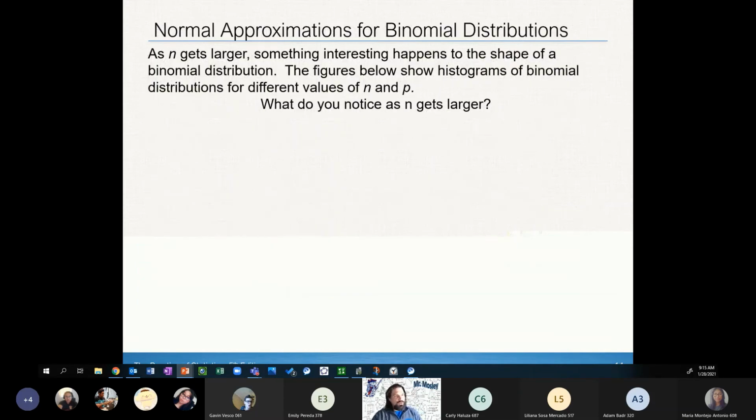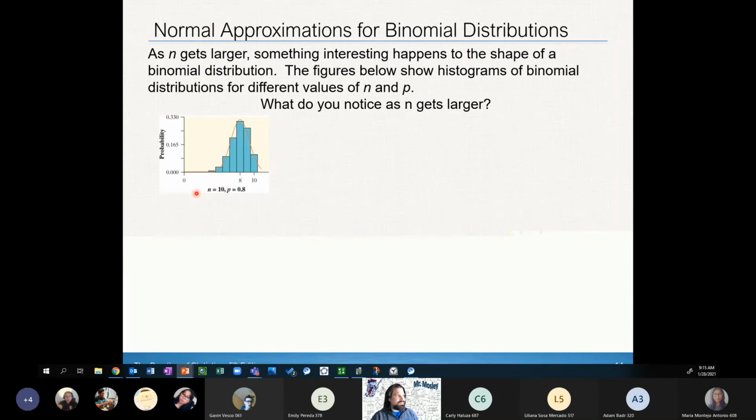So then, normal approximations for binomial distributions. This is the category of thing that may not be on the AP exam, so we're just going to briefly talk about it. As n gets larger, something interesting happens to the shape of a binomial distribution. The figures below show histograms of binomial distributions for different values of n and p. What are we going to notice? Here's our first one.